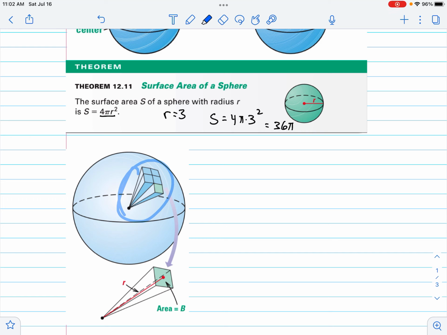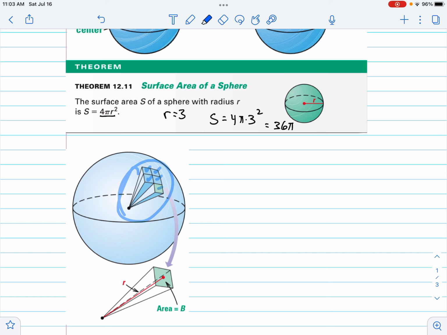But let's just say we've got n of these things. Here's a pyramid, here's a pyramid. We've got n of them. And let's suppose we make the whole sphere with these little pyramids. In other words, this sphere is full of them.